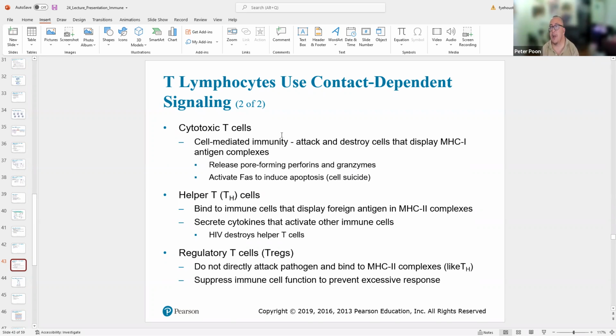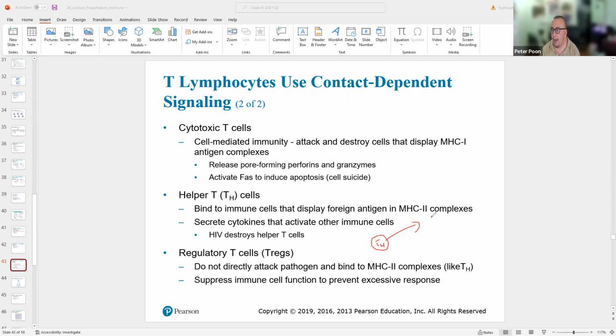T helper cells bind to immune cells that display antigen in MHC2 complexes, and then they activate other immune cells, B cells and cytotoxic T cells. And HIV destroys the helper T cells. So this is the helper T cell.